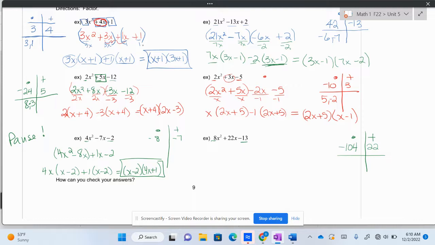So 104, that's the same thing as 2 and 52. It's divisible by 4. That's 4 and 26. I think that's going to be our numbers that we use. So let's make our 4 negative. So 8x squared minus 4x plus 26x minus 13. We're going to factor this by grouping.